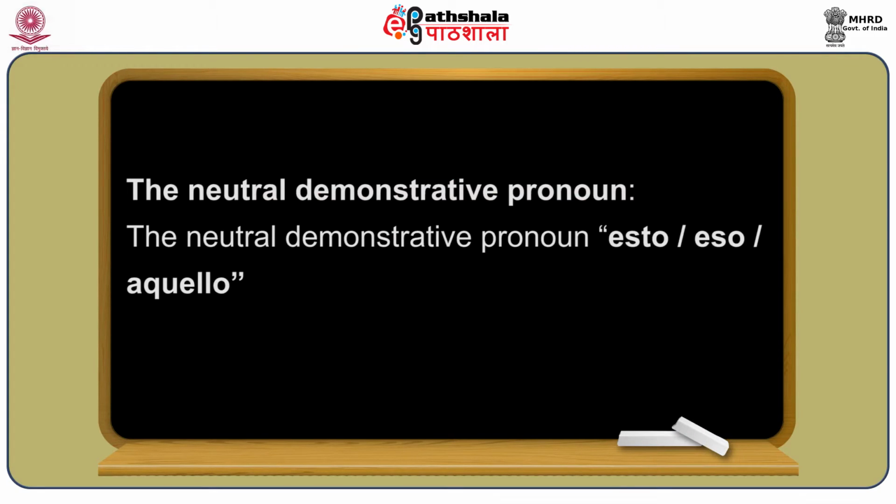The neutral demonstrative pronouns esto, eso, and aquello are used when we don't know the name of an object or the name of the object doesn't matter. We also use them when we are talking of any abstract thing or idea and not of any concrete objects.